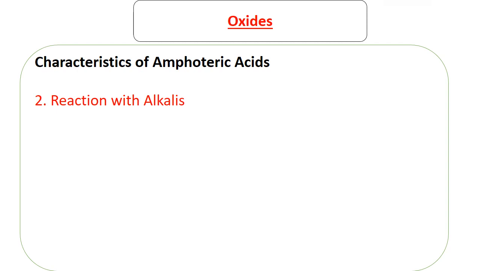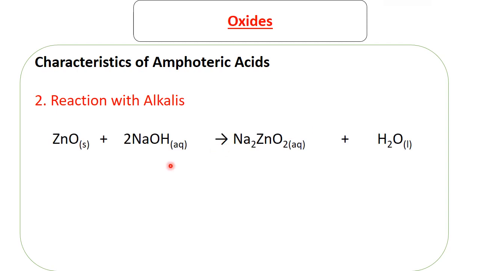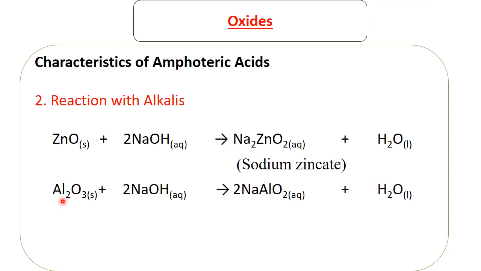Then the second characteristic is how they react with alkalis. When they react with alkalis, they behave as acids. So again, it's a neutralization reaction. The first example is zinc oxide reacting with sodium hydroxide to form this salt, which has a special name, and water. This is called sodium zincate. Then we also have aluminium oxide reacting with sodium hydroxide to form this salt and water.